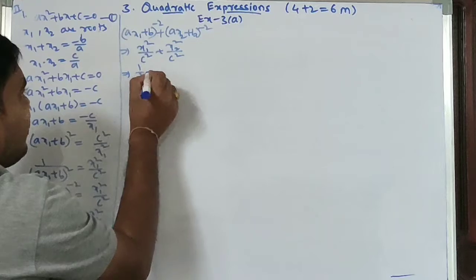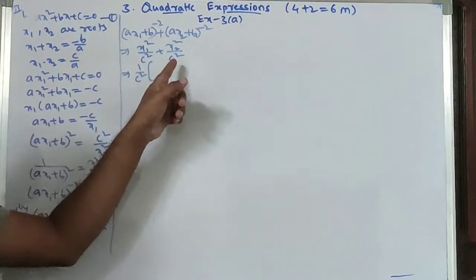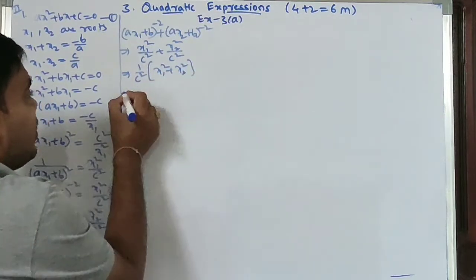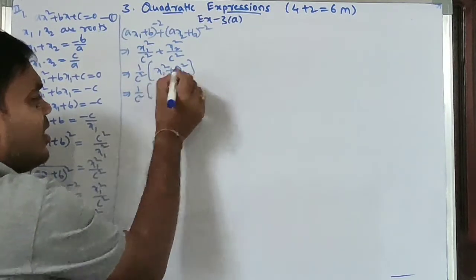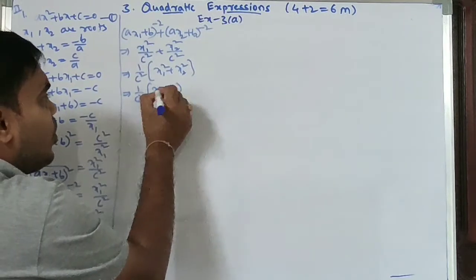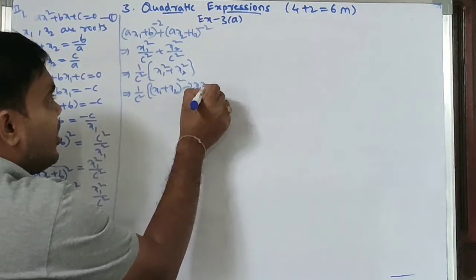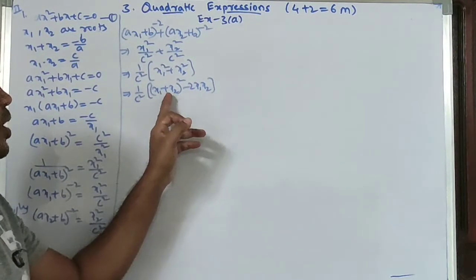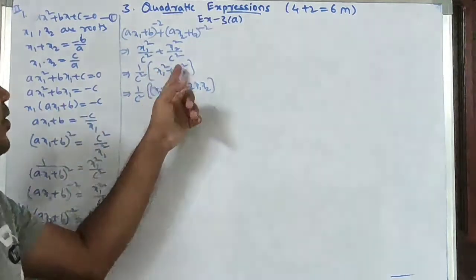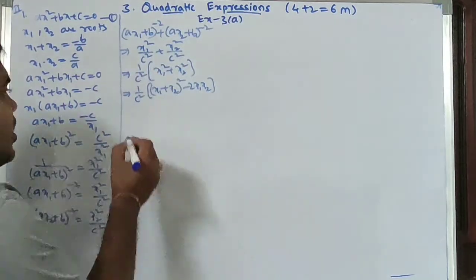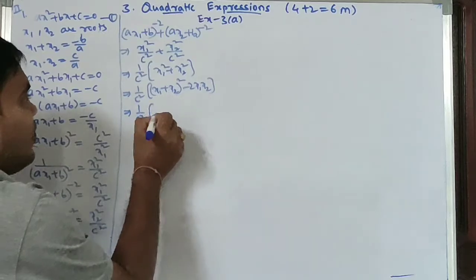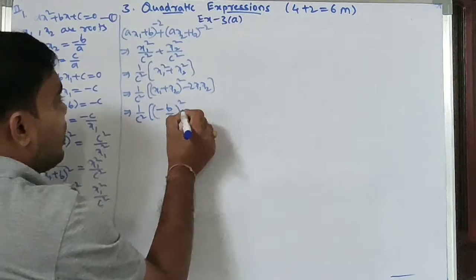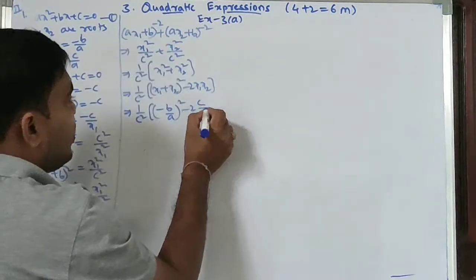Simply I write 1/c² times (x1² + x2²). So, 1/c² times ((x1 + x2)² - 2x1x2). Here x1 + x2 = -b/a, and x1x2 = c/a.